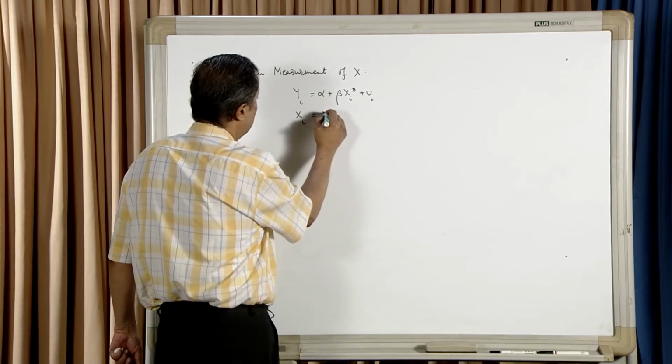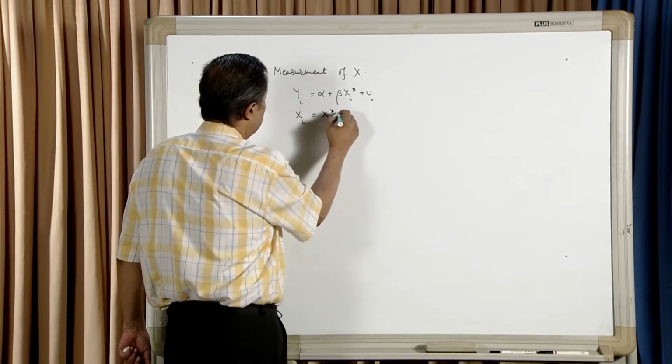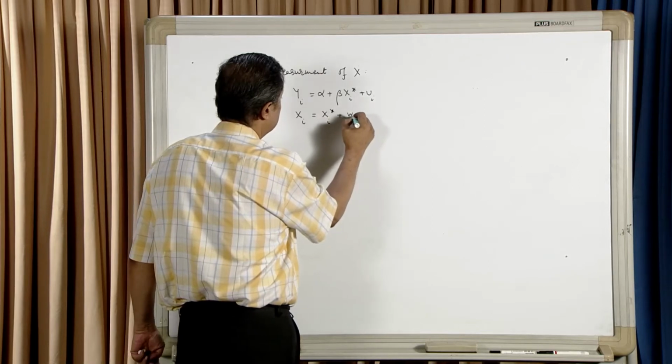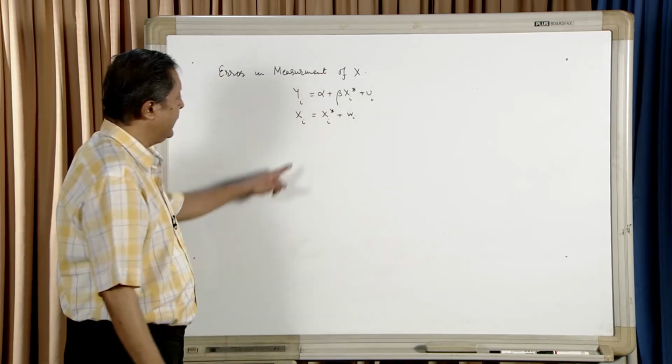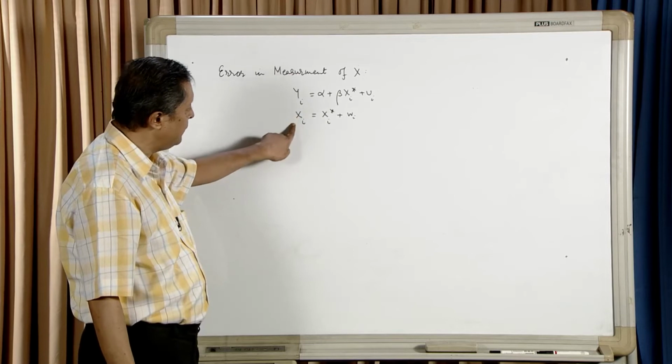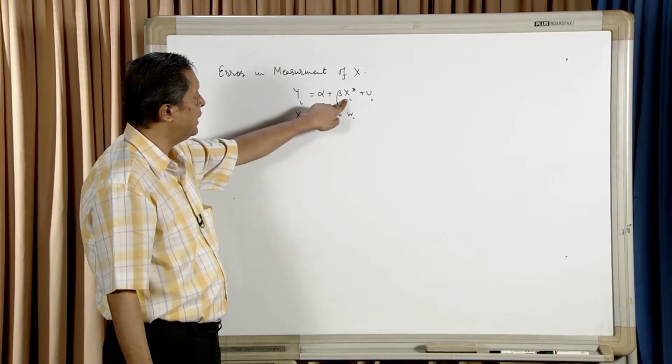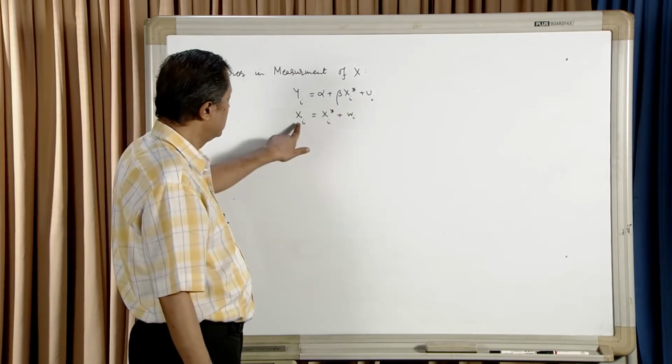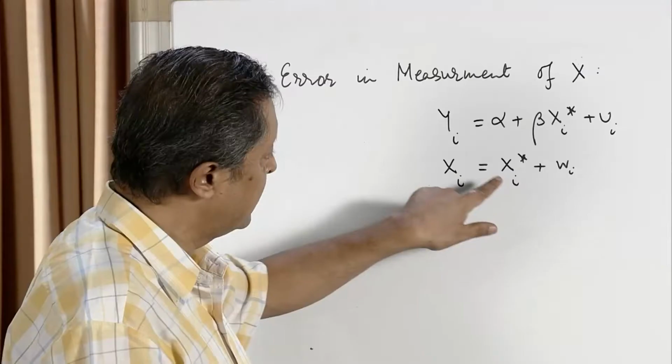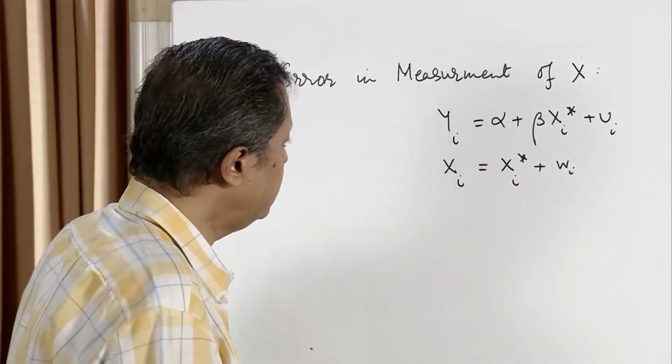xi, which is equal to xi star plus wi. So, xi is the measure that we have, xi star is the measure that is the correct measure which we do not have. So, the observed measure is the correct measure plus error.